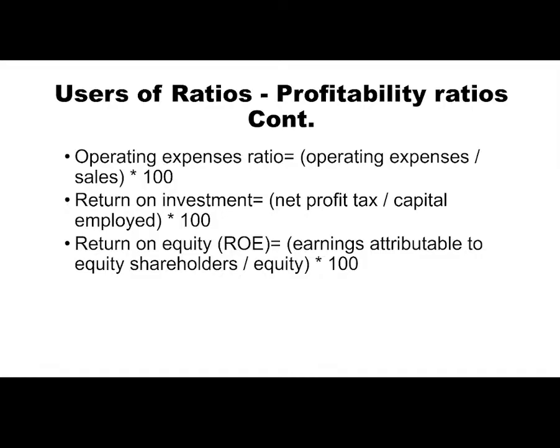Then we also have the return on investment, which will measure the efficiency with which a company uses its total funds, the capital employed, to generate returns. So here we have the net profit after tax. You have to divide it by capital employed, then multiply by 100.